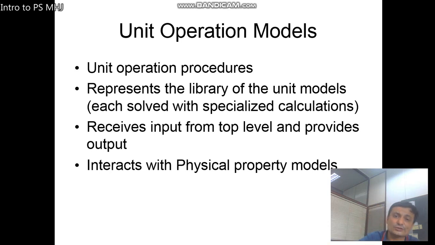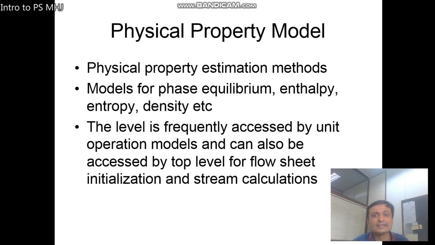Like if it is a flash column, you've got summation z_i over (1 + V(K_i - 1)). If it is a distillation column, equations associated with distillation. Likewise, it receives input from the top level, that is flow sheet topology, and it interacts with physical property modules as well. So unit operation modules may be one or there may be a number, but it basically takes part in solving the units.